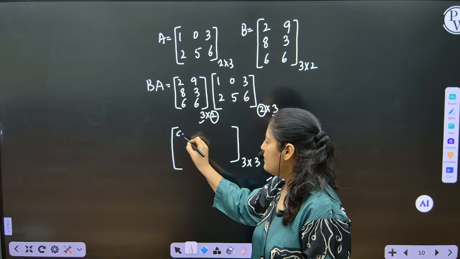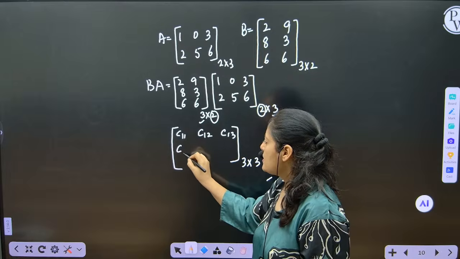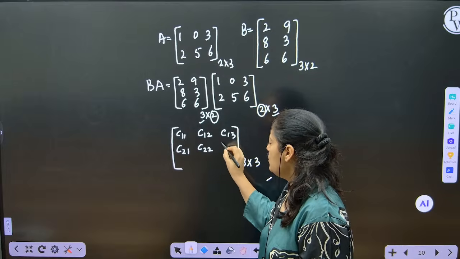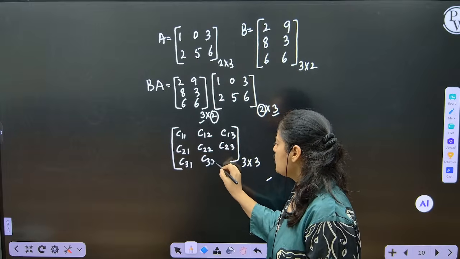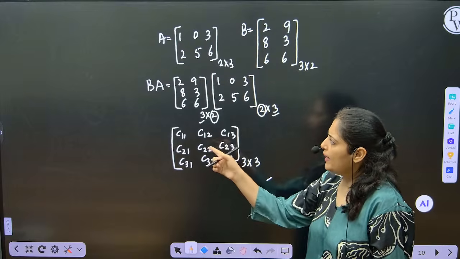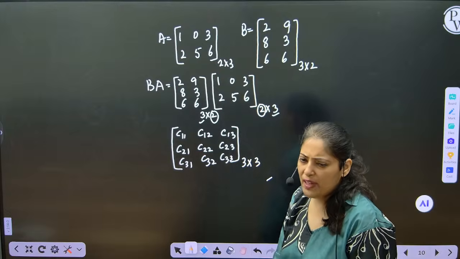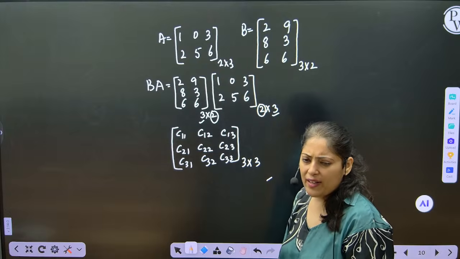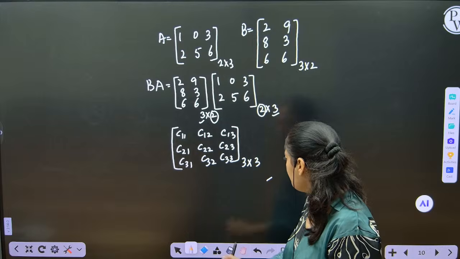So I'm taking C11, C12, C13, C21, C22, C23, C31, C32, C33. I am not taking A and B because A I will take for this and B for this. So AB we have to take, but instead of writing AB, I am taking C. This is not anything compulsory.